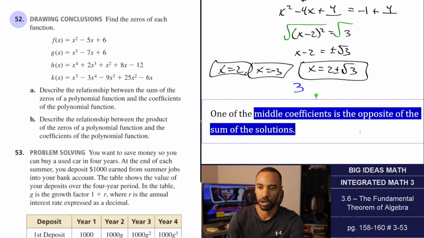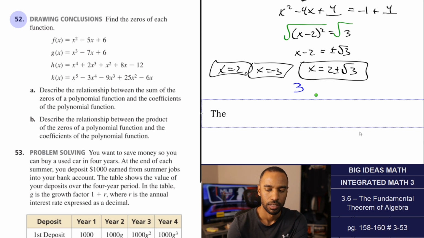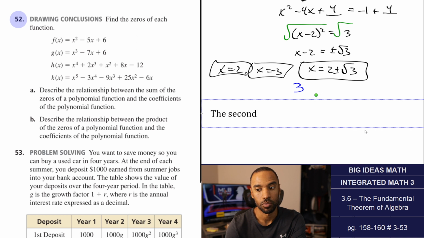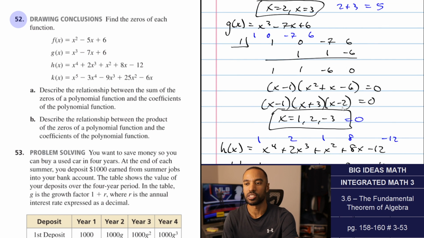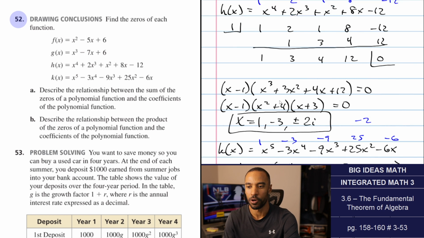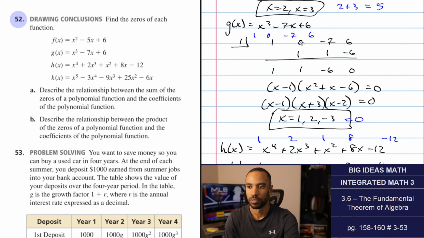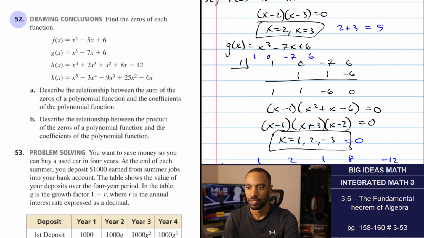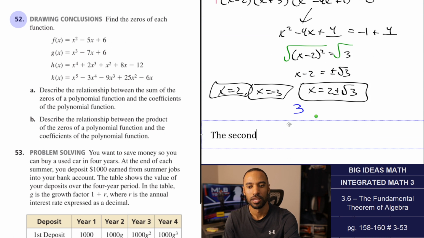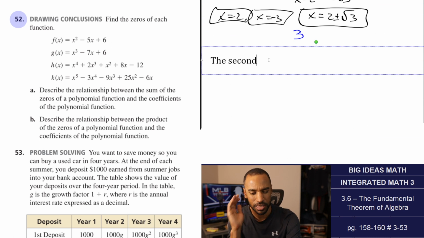The second term, it's not always the second term. Remember the one that we called 0? Keep in mind, the second term to us is negative 7x. So, not the second term.